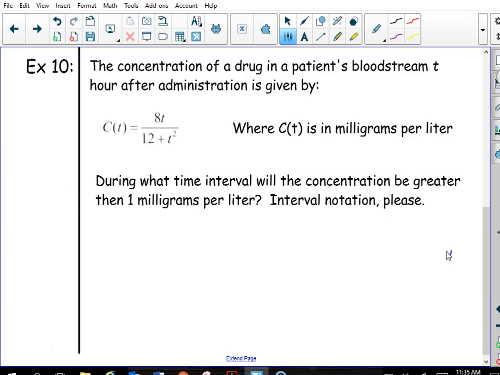So we want the concentration to be greater than 1. Okay, so the calculation needs to be greater than 1. Okay, so we need to get a 0 on one side. The first thing we're going to do is multiply both sides by that denominator.